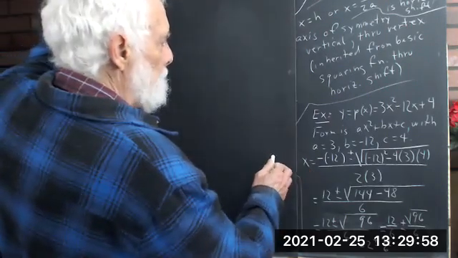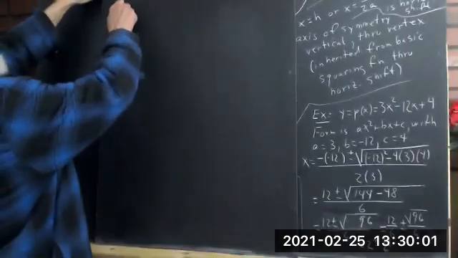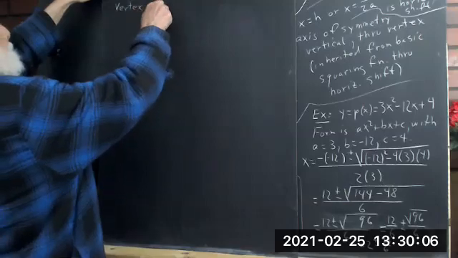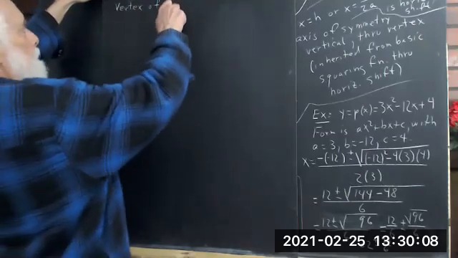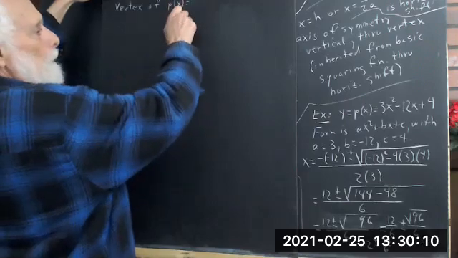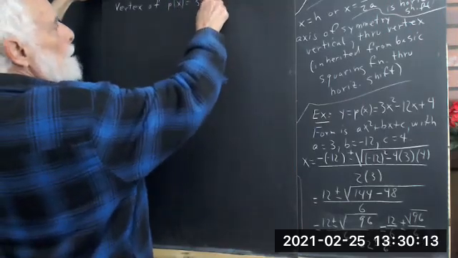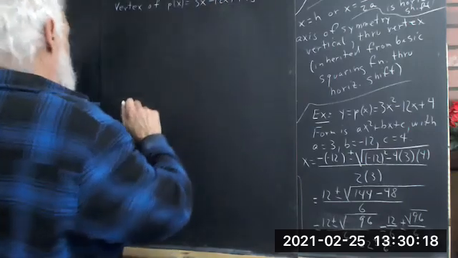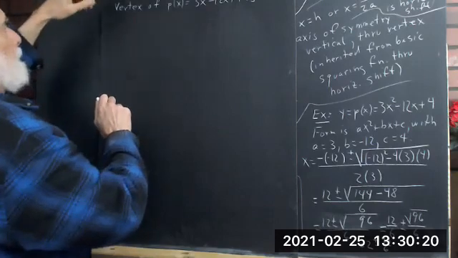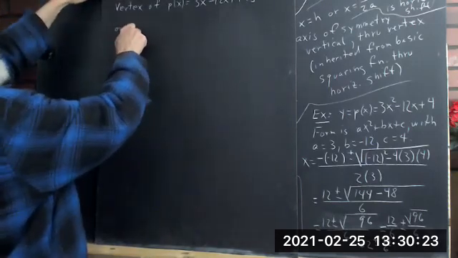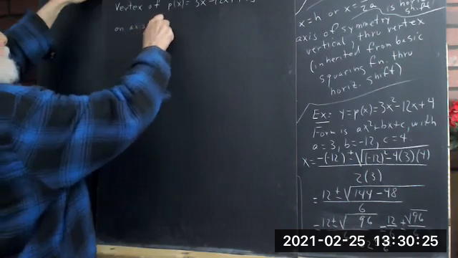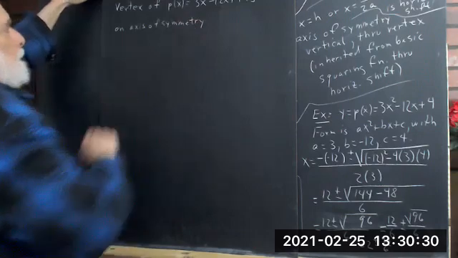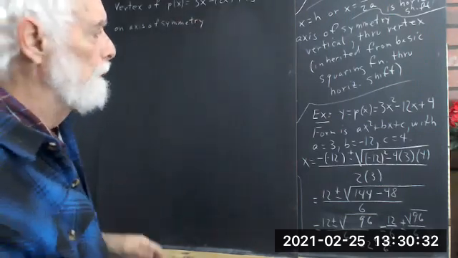Then I can say that my vertex, we know it's on the axis of symmetry.